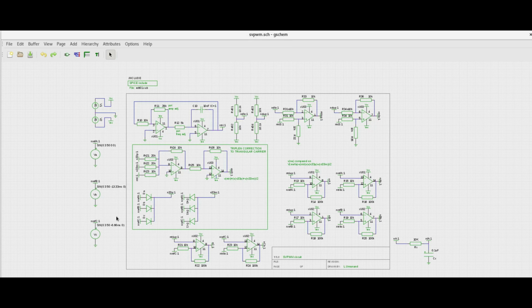One can add the triplen third harmonic to the input reference wave shapes themselves and then use it for modulating, or you can add the correction to the carrier itself and not add any corrections to the input reference wave shapes. It is easier to add the correction at a single point. Instead of adding correction to all three phases, you can add the correction to just the carrier and get the same effect.